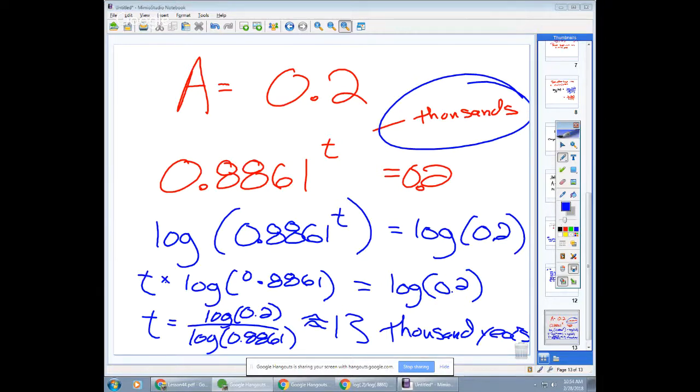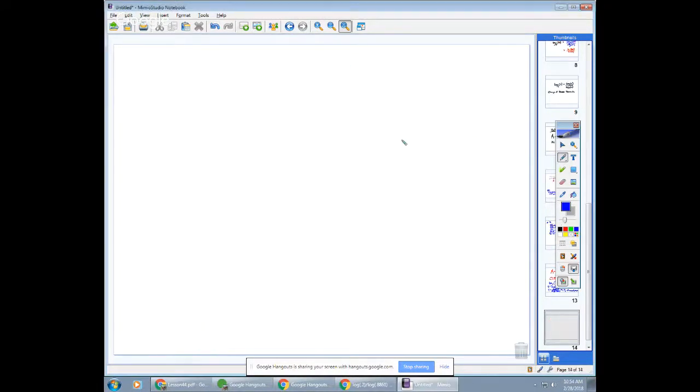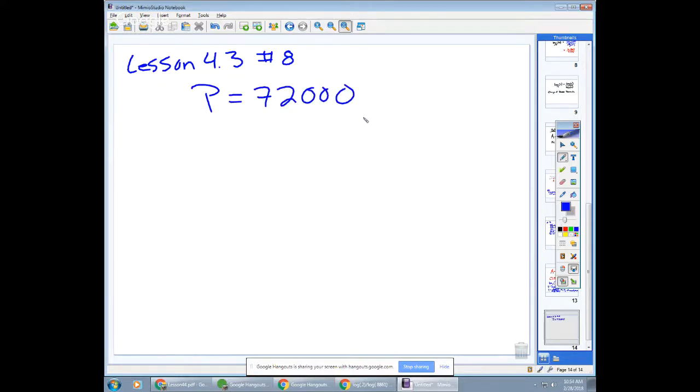Yeah, so to do that one, let me write that on the board here. So this is lesson 4.3, number 8. All right, so they say the starting population of the town is 72,000, and the rate of increase is 8%. 8% as a decimal is 0.08.